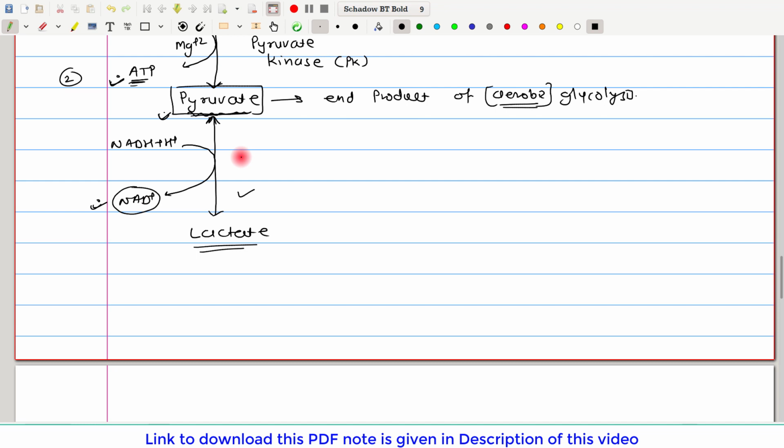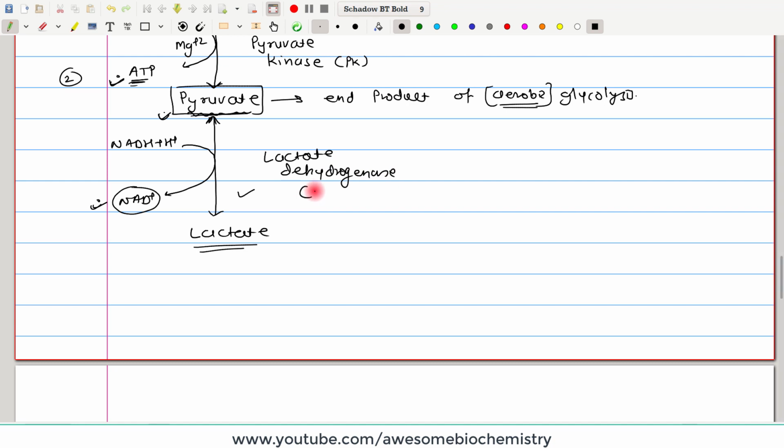Okay. So what enzyme is working over here? The name of the enzyme is lactate dehydrogenase, its short form is LDH. Right. So this reaction becomes very important in case of anaerobic metabolism.